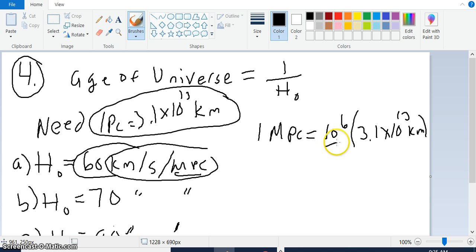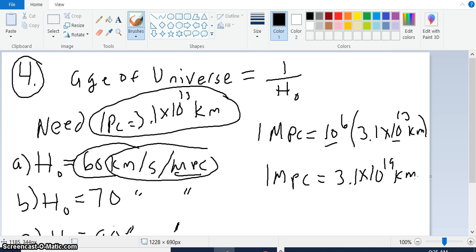You have the same base, so you just add the exponents. 13 plus 6 is 19. So 1 megaparsec is approximately 3.1 times 10 to the 19th kilometers. That's what 1 million parsecs is.